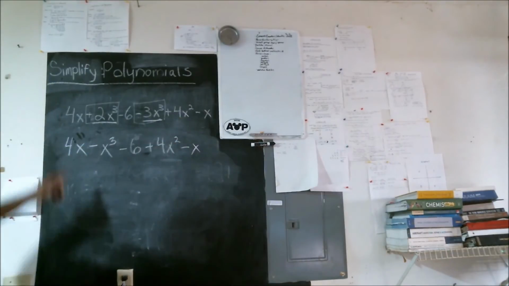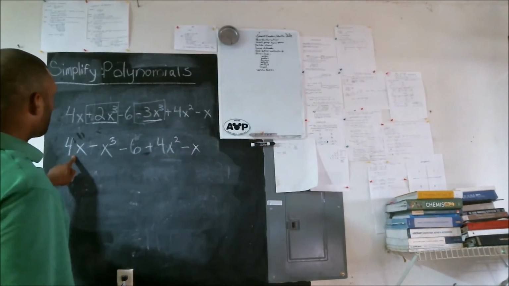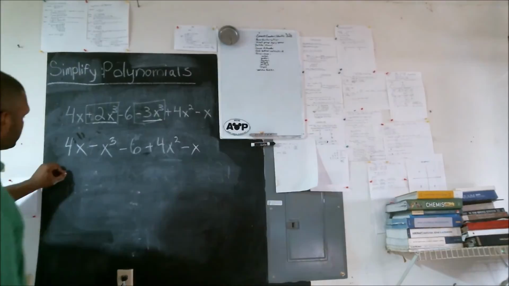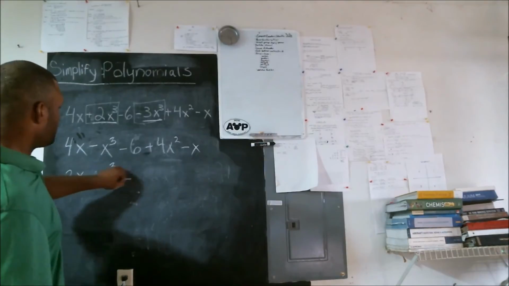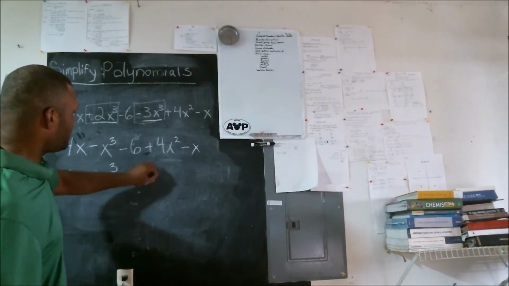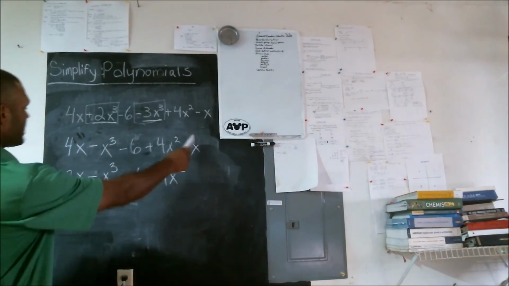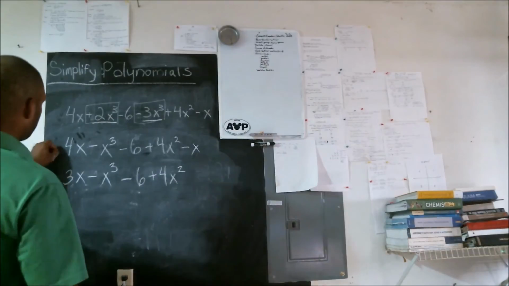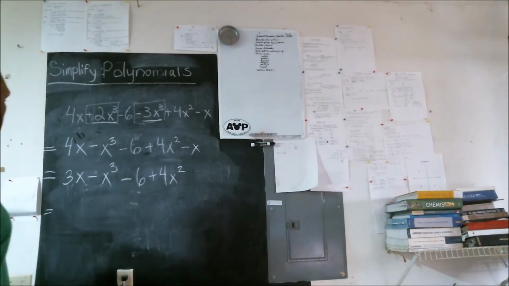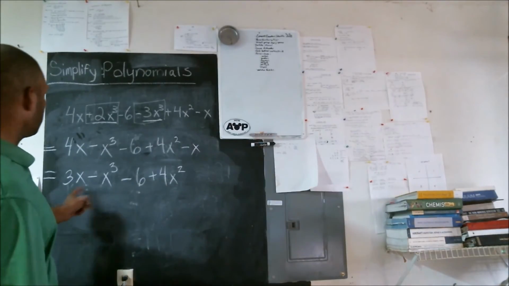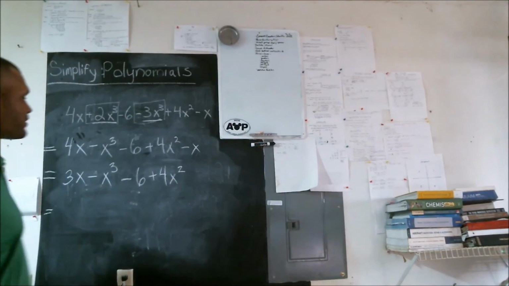So being that this is the first one in our new expression, we can go ahead and evaluate that now. 4x minus x is 3x, minus x cubed, minus 6, plus 4x squared. And I'll do an equal sign here so that we know this is our new line: 3x minus x cubed minus 6 plus 4x squared.